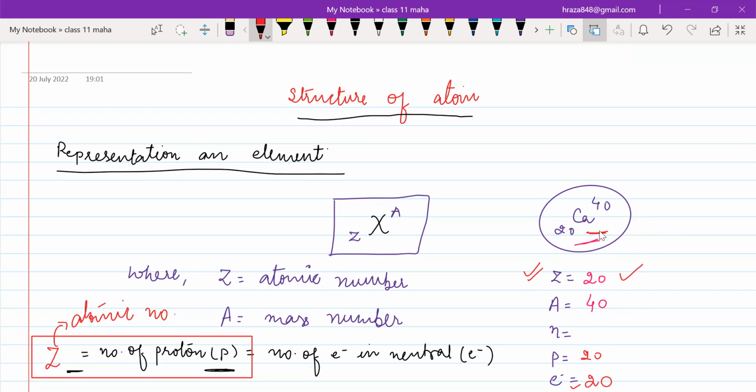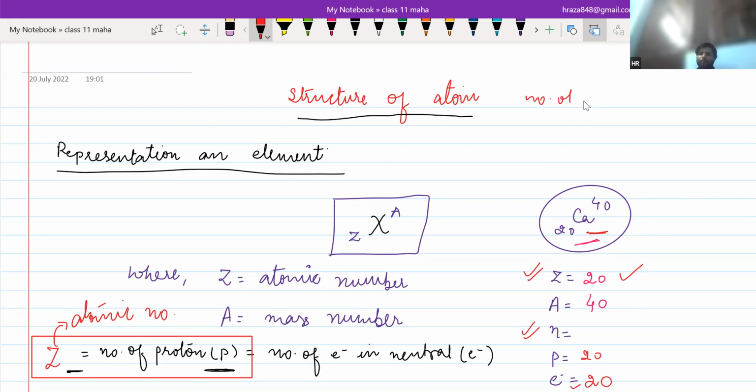Yes. Now come to N. N is the number of neutron. How are we going to calculate it? There is a formula: mass number, denoted by A, is equal to number of neutron plus number of proton, or number of neutron plus Z, because number of proton and atomic number are equal.